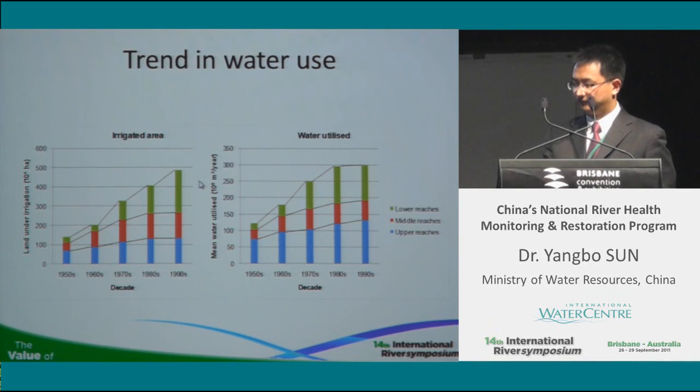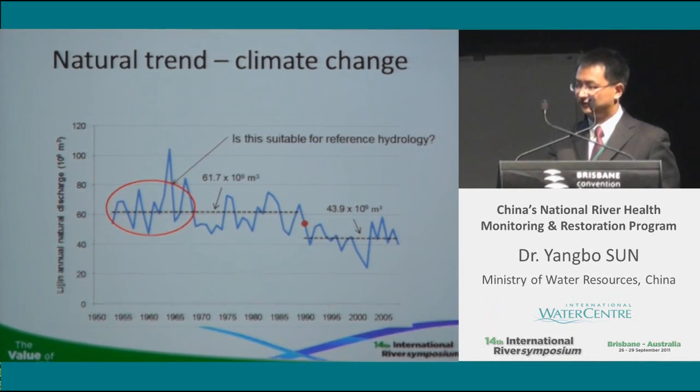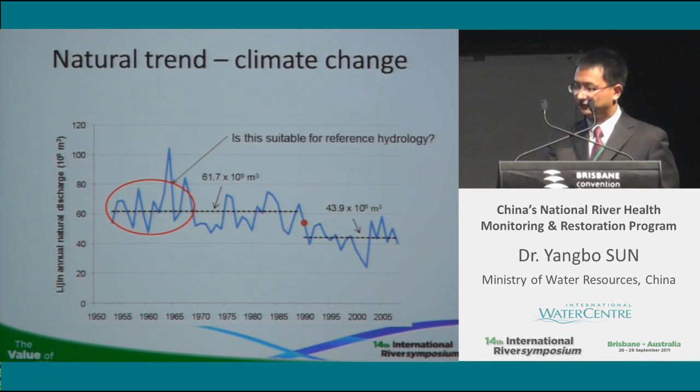And for the hydrological variations, we have studied that there is an increasing trend of water use because of agricultural and industrial water demand, while because of climate change and natural variations, the surface runoff is actually decreasing. So there will be increasing challenges between supply and demand.